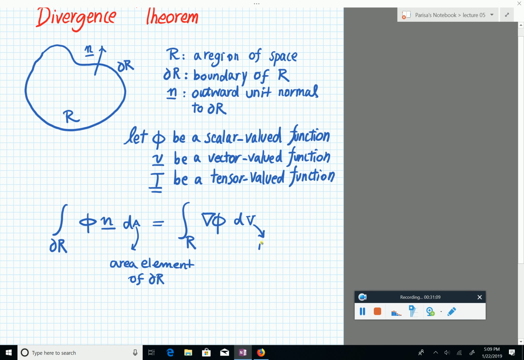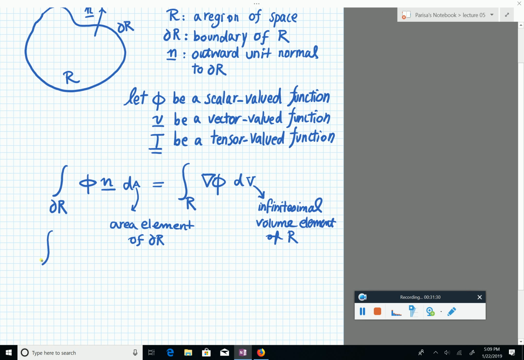This is the volume element. So sometimes you see that people use like 2 or 3 integrals.